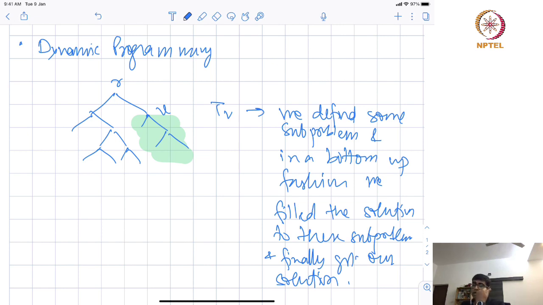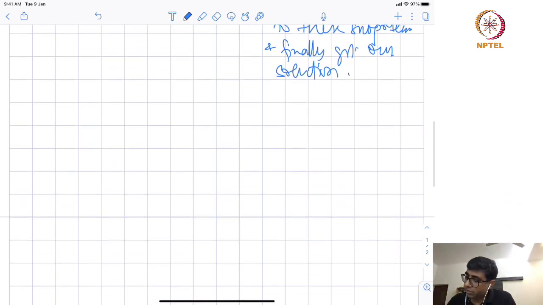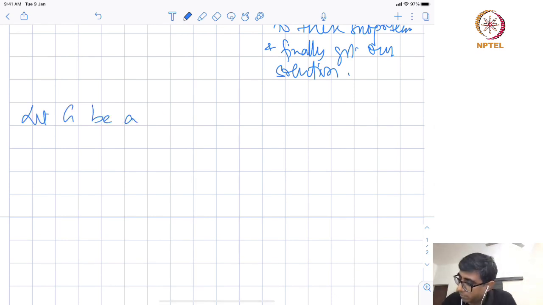Which was great. Now, an ideal approach would be this. Let G be a graph that has vertex separation number, say k.